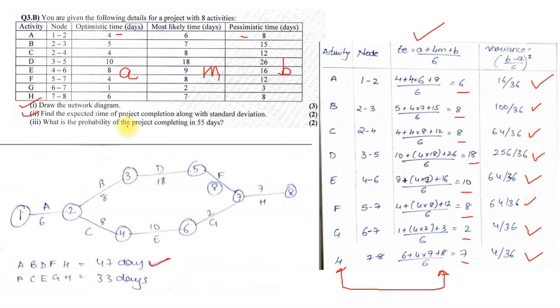Now in order to find probability, we need to first find standard deviation. For that we need to find the variance of the critical path. Our critical path is A, B, D, F and H, so these values we'll have to take.